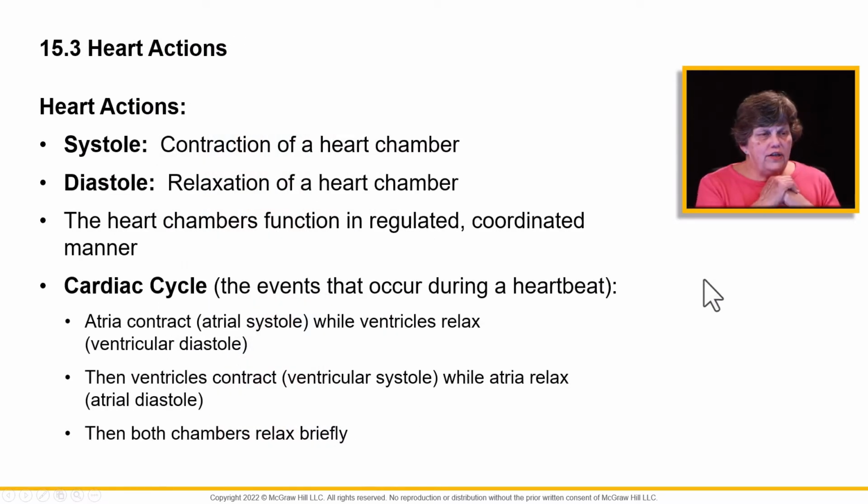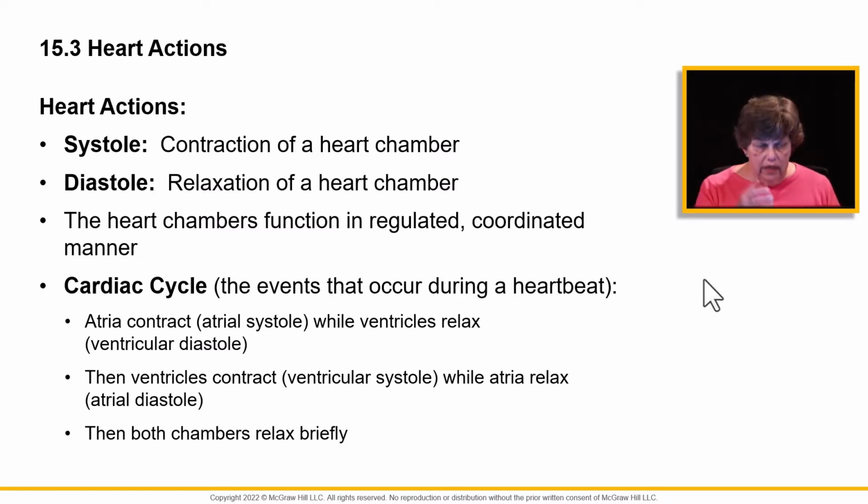So let's look at some heart actions. First of all, some terms: systole and diastole. Systole means the heart chamber is contracting. Diastole means the heart chamber is relaxing. So we're coordinating this. You have what's called a cardiac cycle. These are the events that occur during a heartbeat.